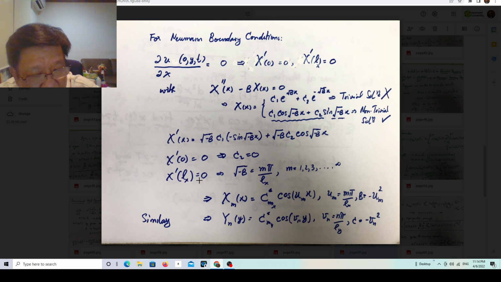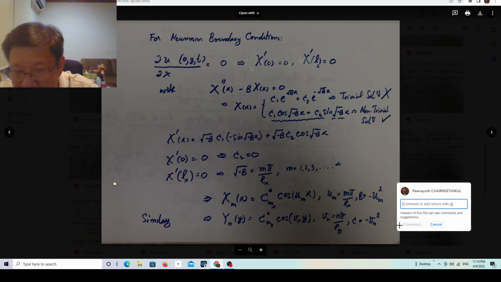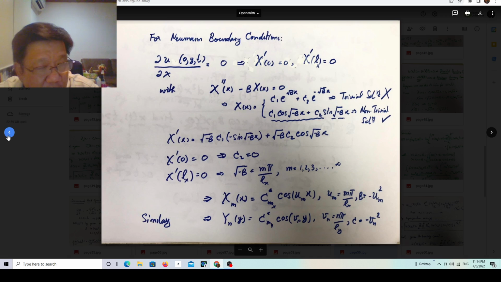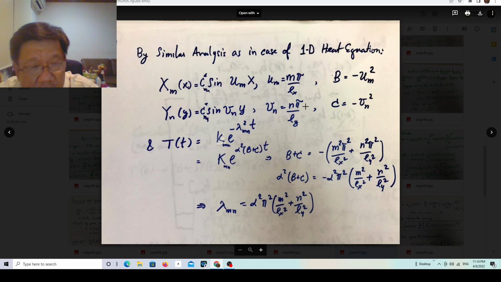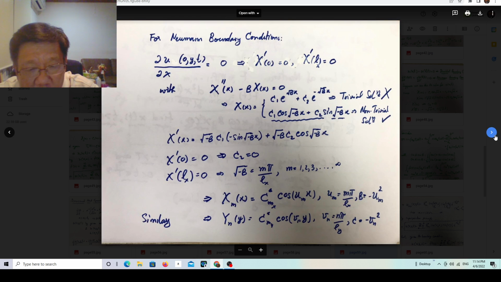And the only way that the boundary at the upper limit will become 0 is that minus b needs to be equal to this form when m starts from 1 to infinity. So you end up in a similar way to what we did over here, except that it changed sign to a cos term, with mu sub m and v sub n in the same fashion.